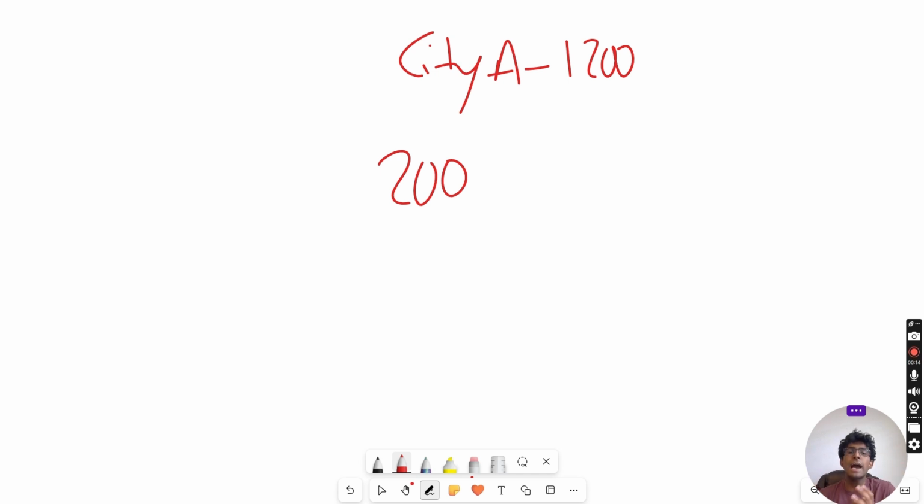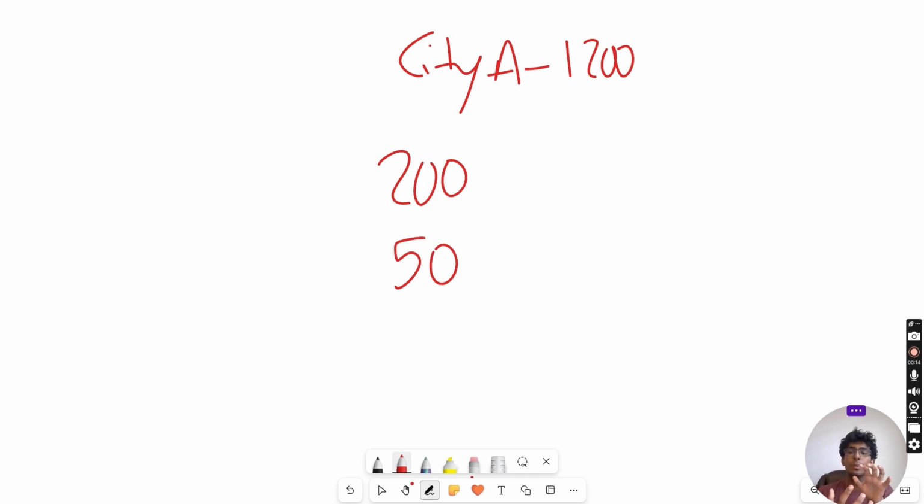Out of our 200 individuals, 50 of them said yes to the tax bill. So from that data, how many residents in city A would support the tax bill?